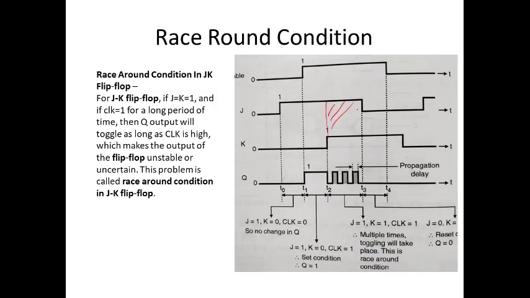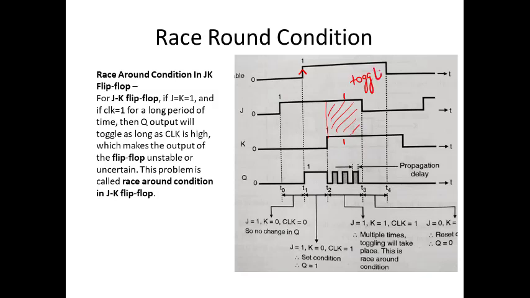Assume that it's a positive edge triggered flip-flop, and your clock is already raised to 1. So your input is 1 and 1, and when your input is 1 and 1, it is said to be in toggle mode.